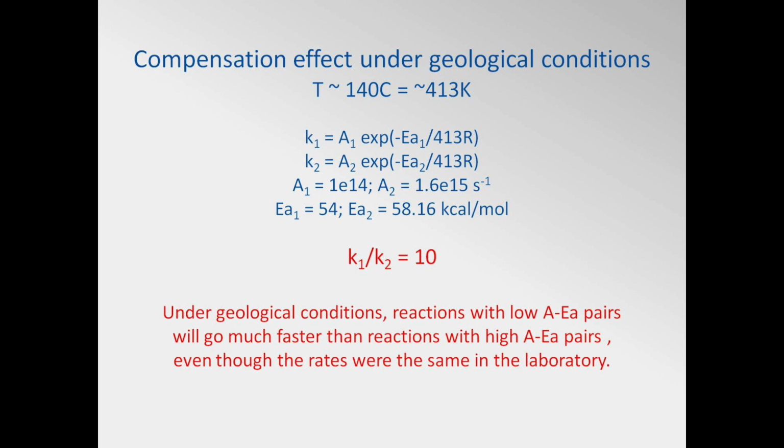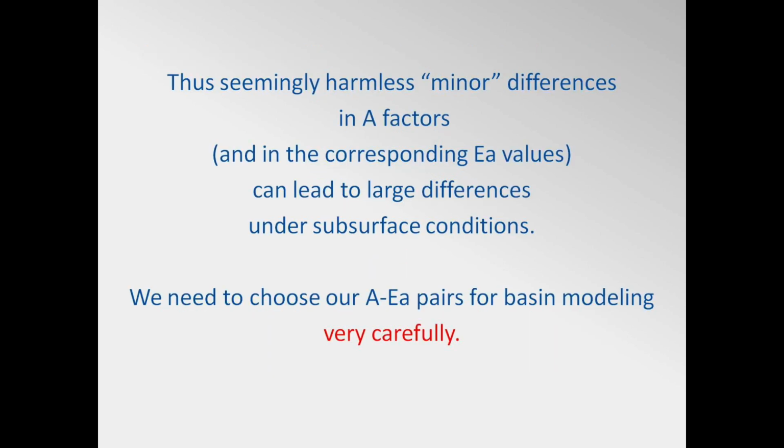This is a huge difference, and it is very important, therefore, to get the best possible combination of A and E in order to apply it for modeling purposes under geological conditions. Therefore, differences in AE combinations that may seem harmless because they all fit the laboratory data quite well, when applied under geologic conditions can give very, very different results.